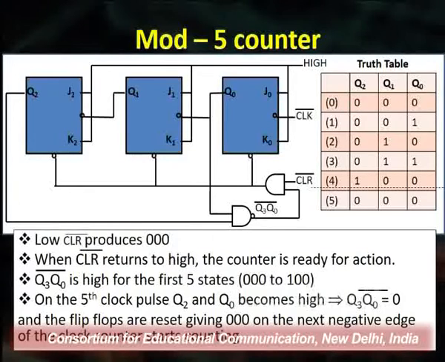But we have to reconfigure this to count only till 4 and then reset itself. Looking carefully at the diagram, the counting begins from 000, 001, 010, 011, 100. After 100, which has 4 as its decimal equivalent, it has to reset itself.